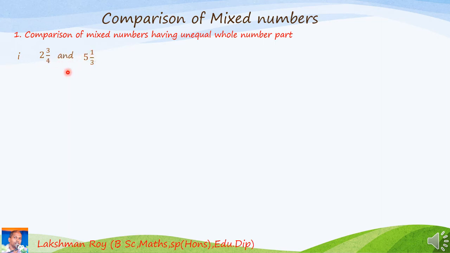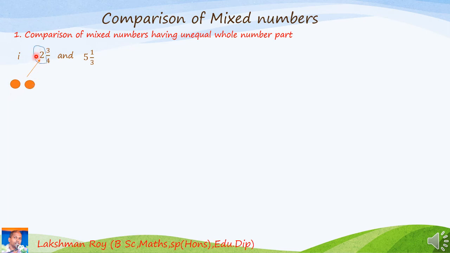Now you can see in this first mixed number, the whole number is 2. Whole number is 2 means how many whole ones are there? There are 2 whole ones.